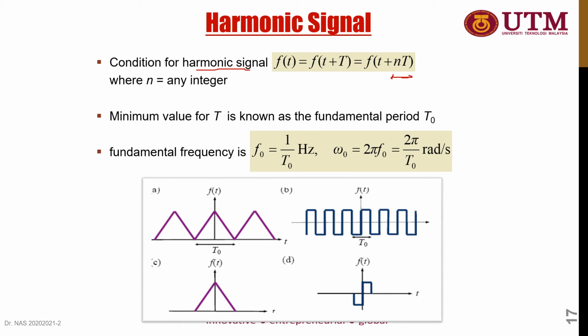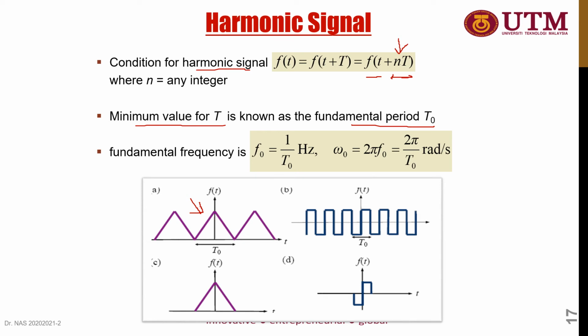The harmonic signal is basically the fundamental signal f(t) that repeats itself a few times, and n represents the harmonics number, the number of times the signal repeats itself. The minimum value for T is known as the fundamental period, given by T naught. From the figure here, you can see T naught is basically one cycle of signal that repeats itself multiple times.